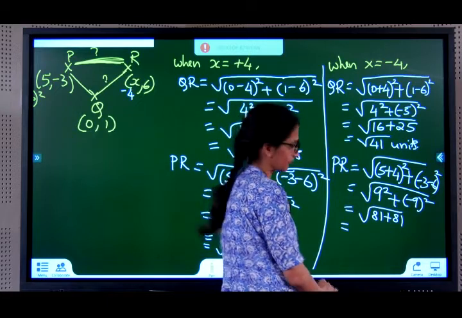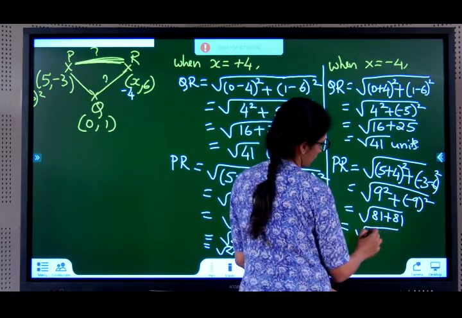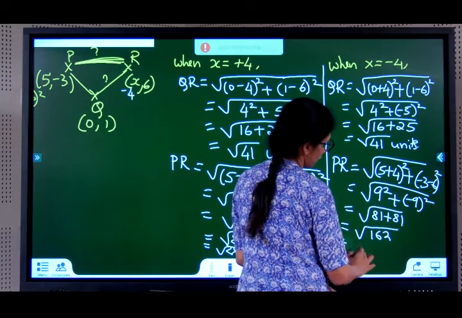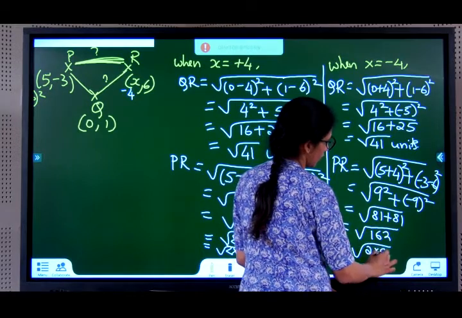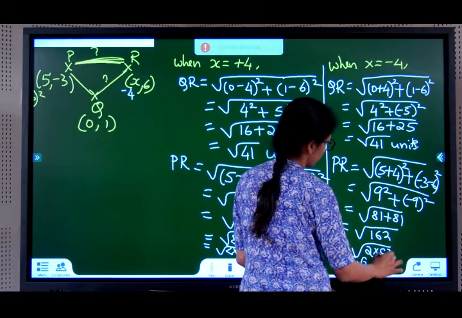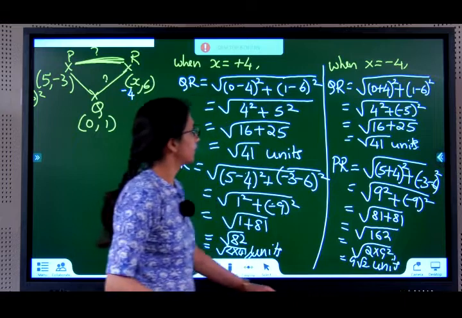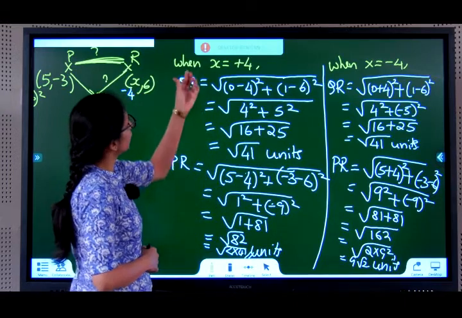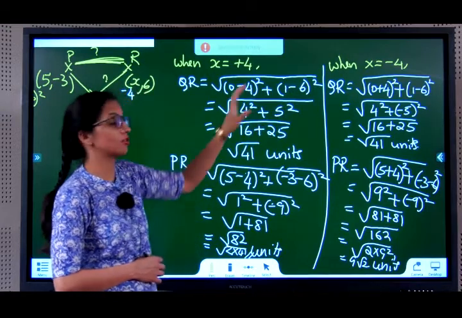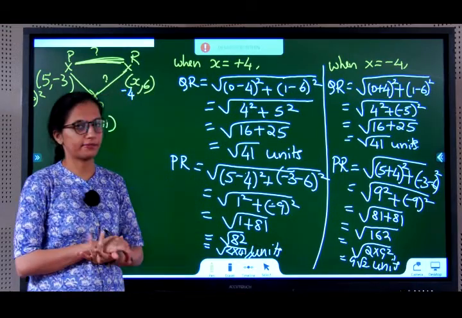What do we get? 162. If you do the prime factorization, you will see it's 2 into 9 square, or 9 root 2 units. So, you got the values of x and they asked you to find QR and PR. You had two different conditions because there are two different values of x. You have to show everything.